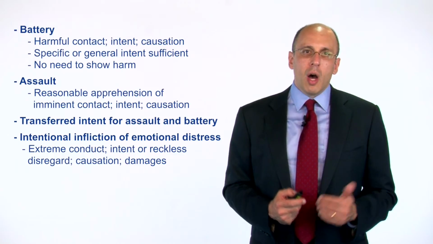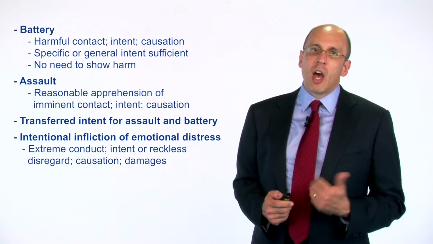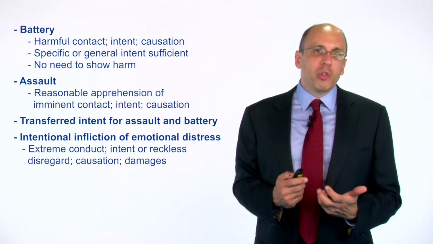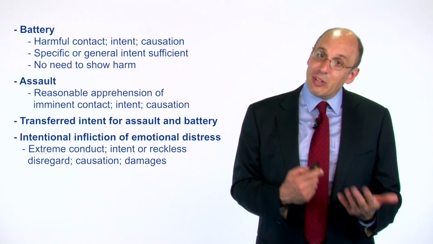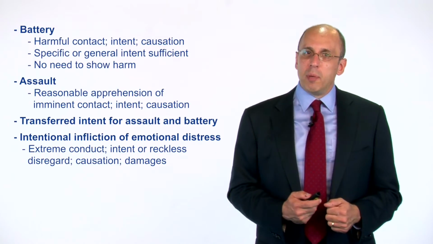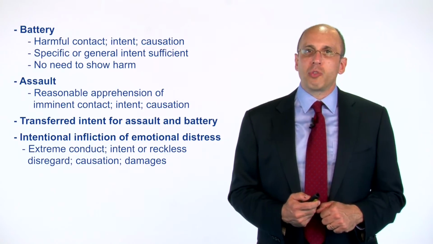And so if you intentionally do some sort of extreme or outrageous conduct, that conduct is intended to cause emotional distress in someone and does in fact cause the emotional distress, then that would be the elements for a prima facie case of intentional infliction of emotional distress.